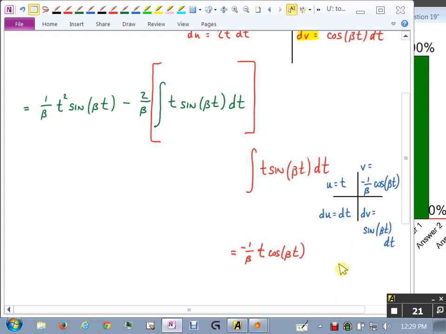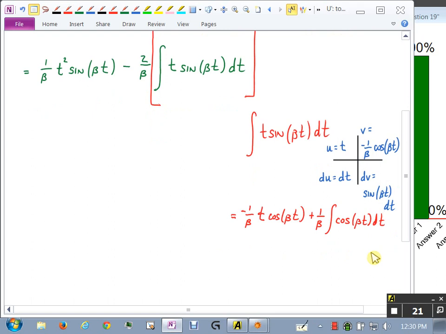Minus the integral of v du. So I'm going to be doing these two multiplied. So it's going to be plus, right? Because one of these is minus already. And the 1 over beta is a constant, so I'm going to pull that out. So it's going to be plus 1 over beta times the integral of cosine beta t dt. Any questions? You don't have to vote. Any questions?